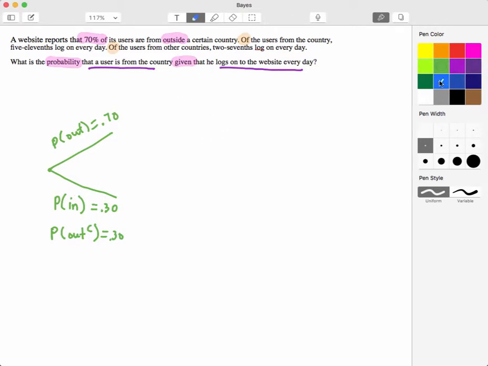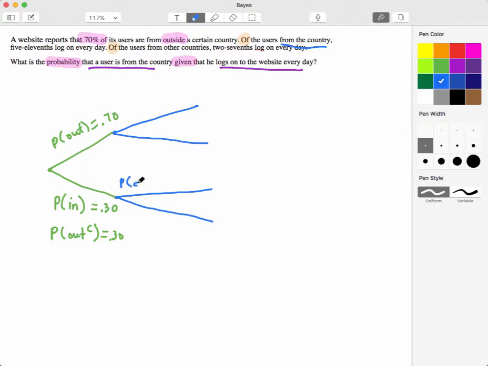So on to the next branch. Now that we know if someone's outside the country or inside the country, it gives us the next fact about are you logging on every day, yes or no. So each branch will have its own split off again. So of the users from the country, okay, so now I know where to look. If you're inside the country, 5/11ths log on every day.